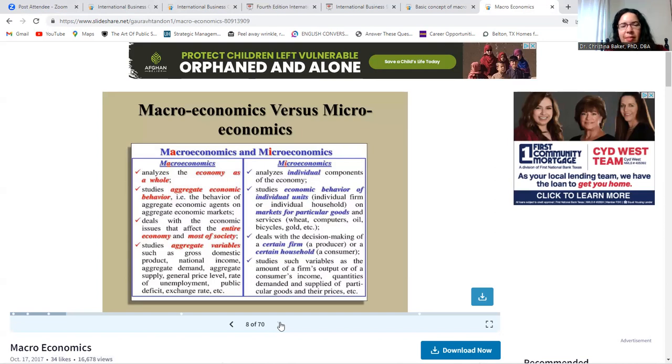It studies such variables as the amount of the firm's output or the consumer's income, quantity demanded and supplied of particular goods, and their prices.